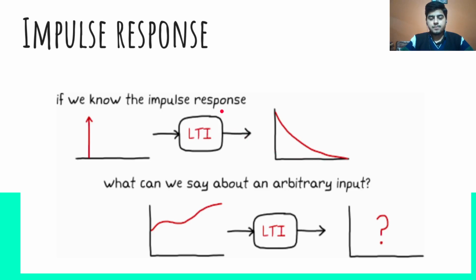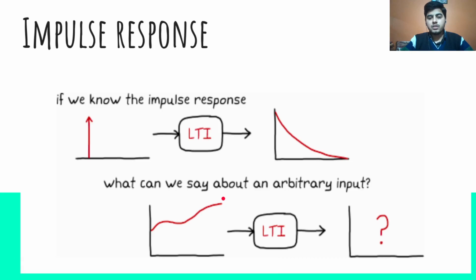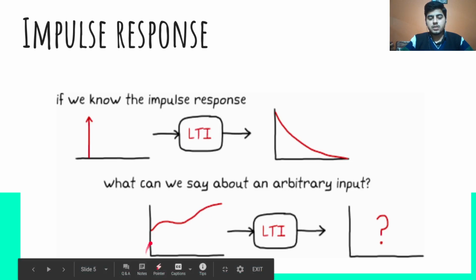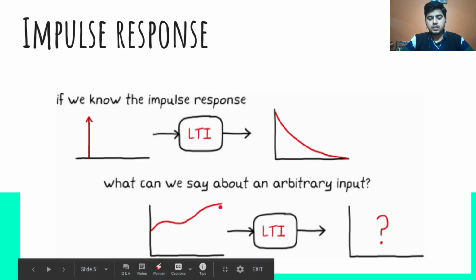In this way we have understood how the system will behave given an impulse, but we still don't know how our system will behave if instead of an impulse we give it an arbitrary, continuous input like this, because in real life we don't give impulses to an LTI system. Usually a signal is arbitrary, and it can be something like this.